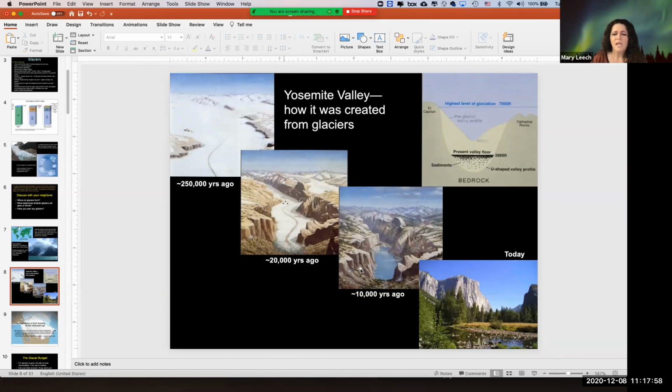So 10,000 years ago, after the ice had receded, as Earth was warming up, there was a lake in Yosemite Valley. And then today, the glaciers are gone from Yosemite Valley, and there's a river that runs through it.